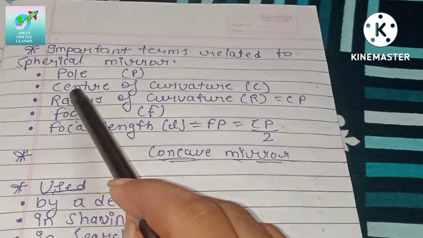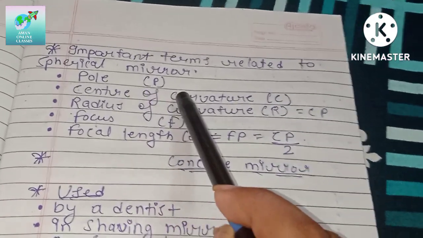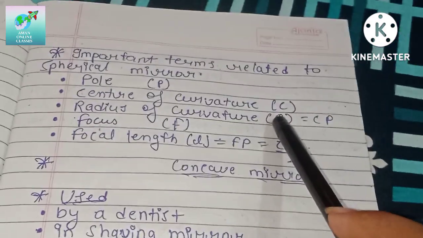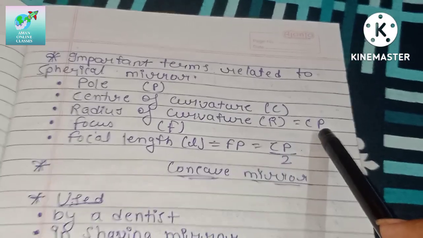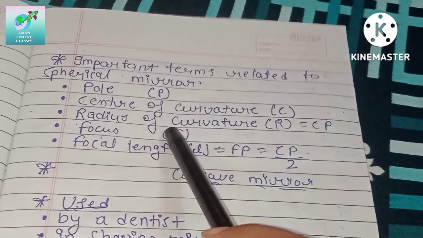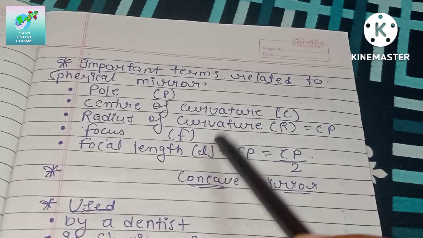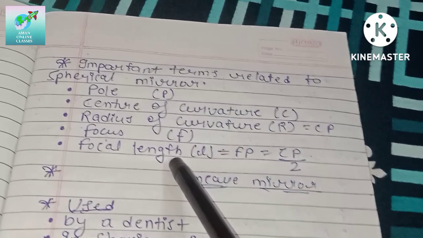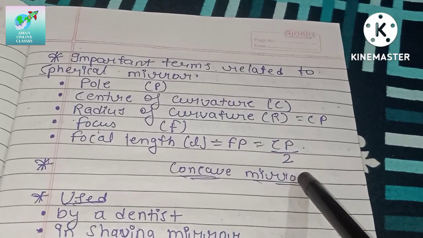C is for center of curvature. R is for radius of curvature, or you can say CP. F means focus. F means focal length, or you can say FP is equal to CP by 2.